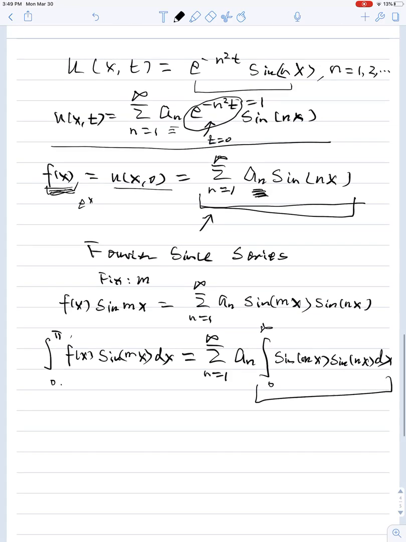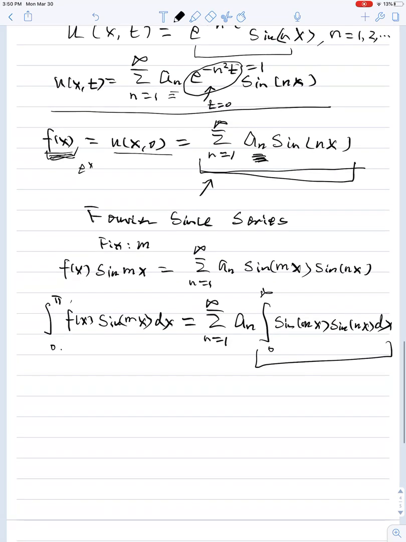To evaluate this integral, we use the trig identity that tells us that sin A sin B equals 1/2 of cosine (A minus B) minus cosine (A plus B).